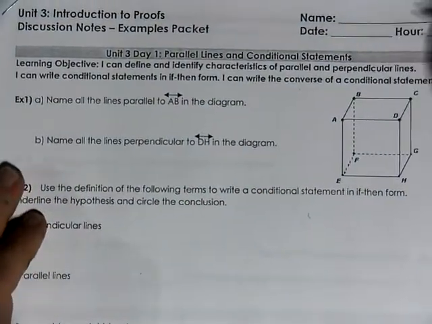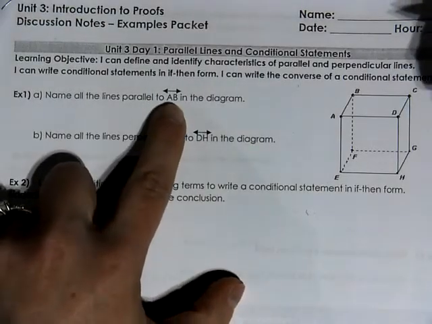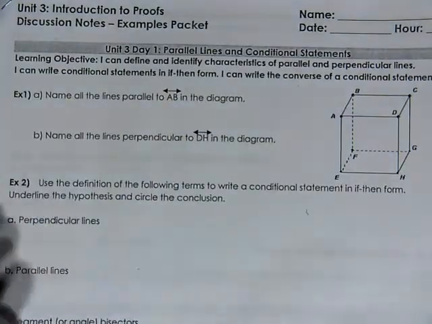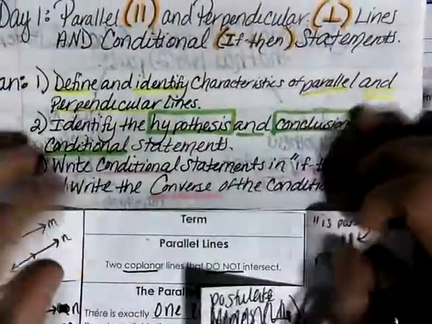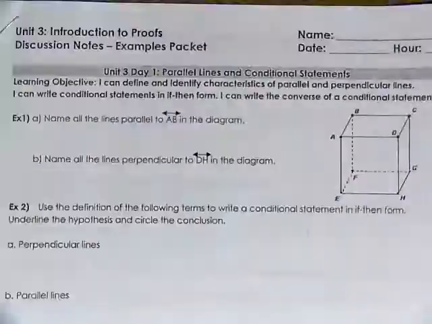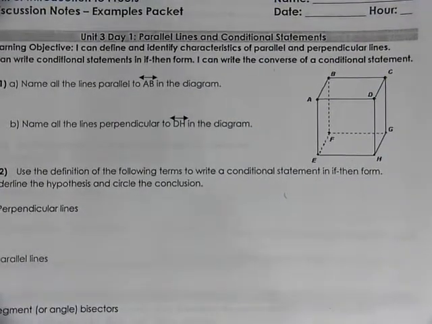So in example number 1, it says, name all of the lines that are parallel to line AB in the diagram. So in order for two lines to be considered parallel, one of the conditions is that they have to be coplanar lines, which means that they are lines that lie inside of the same exact plane.